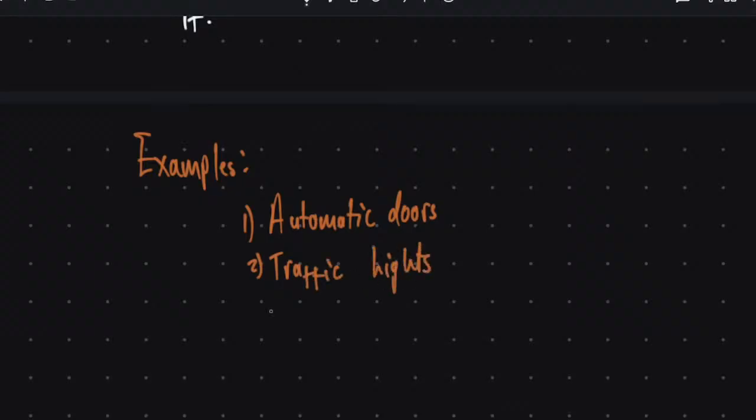One, automatic doors. Two, traffic lights. Three, burglar alarms. Automatic doors like at airports, or restaurants that open on their own.